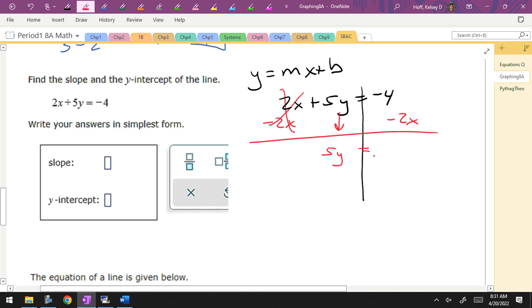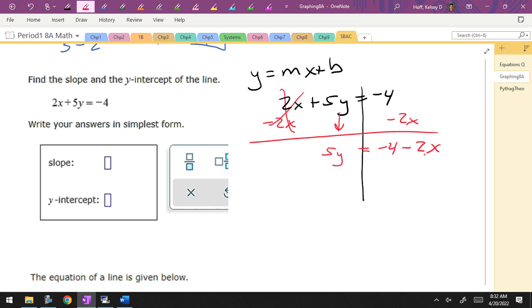Should I combine those two? Yes? No. 4 does not have an x, so can I put them together? No. Okay, so what does that right-hand side look like? Perfect. We cannot put them together, so we just write them both down.